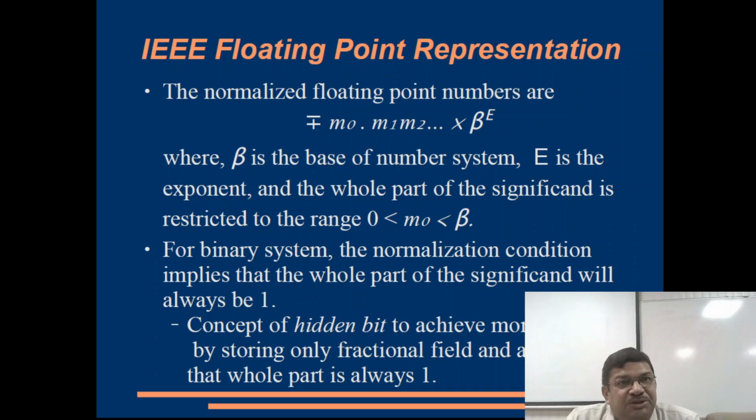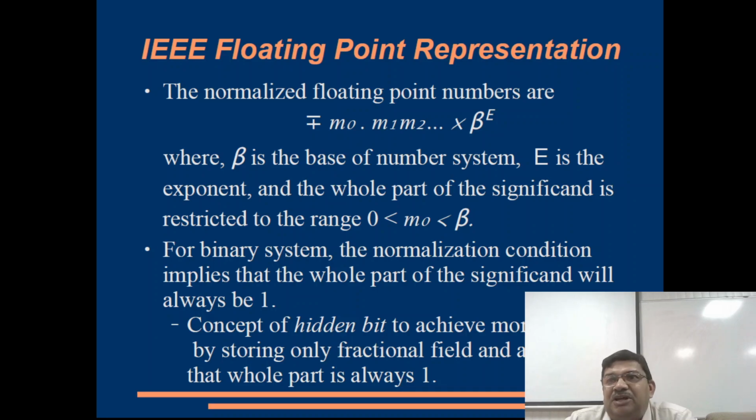there is only one possibility, that is 1. The whole part has to be equal to 1. So binary system, the normalization condition implies that the whole part of the significand, the number, will always be equal to 1. And that leads to the concept of hidden bit.